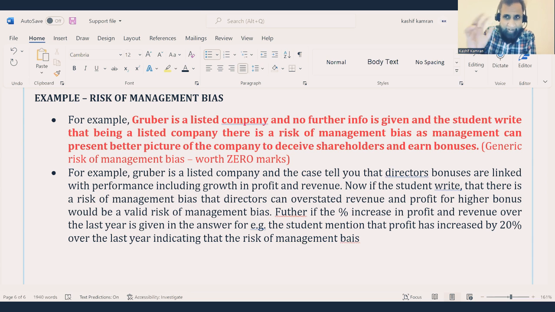So you connected that with the case study, right? You connected the rise with the profit. Risk of management bias exists is a good answer.